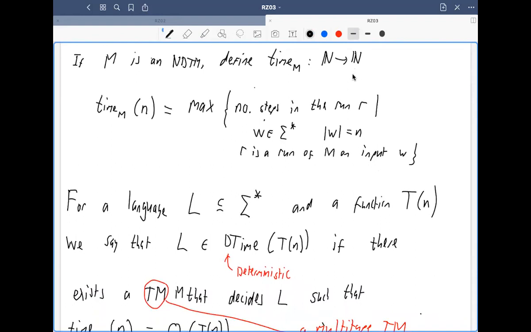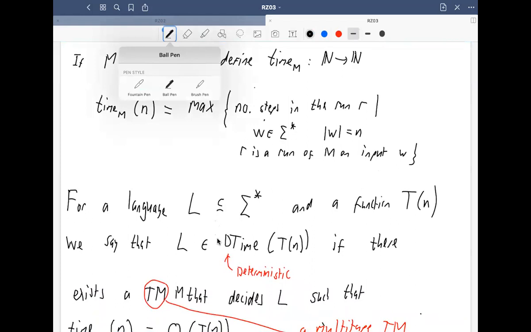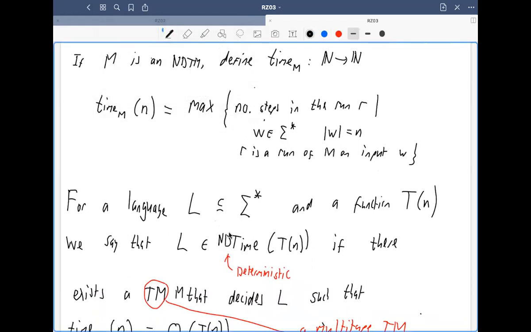And now we can say that a language is in non-deterministic time. I think it's just NTIME. I should check that in the textbook. I'm pretty sure it's NTIME, but I've forgotten.